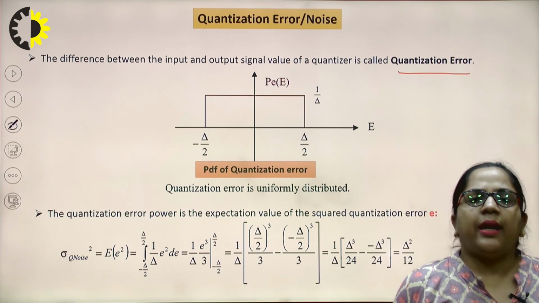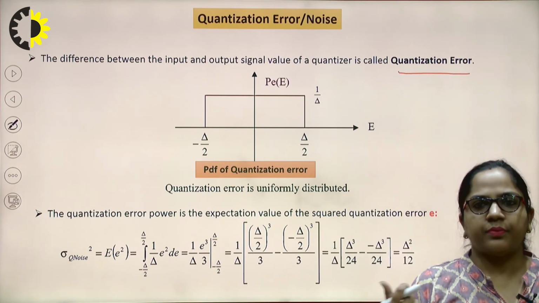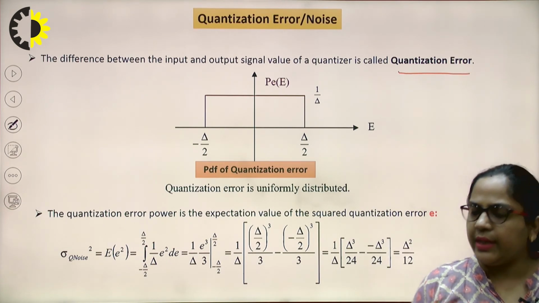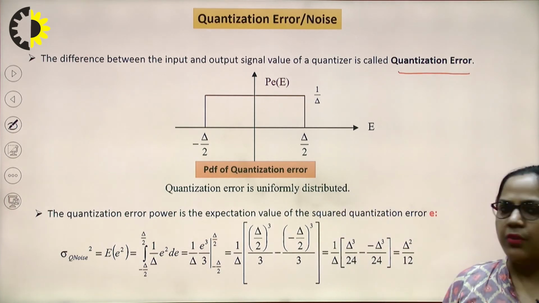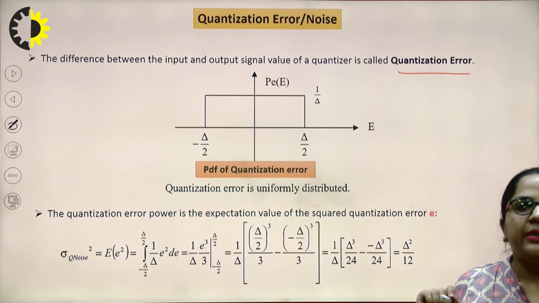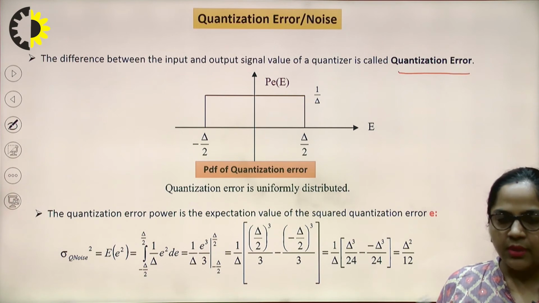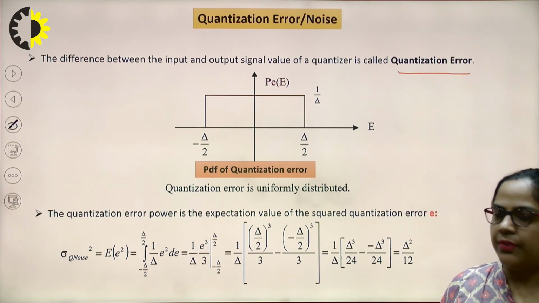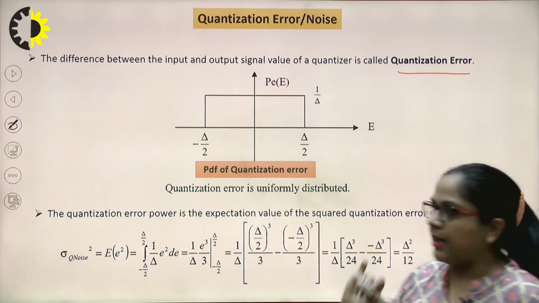It is uniformly distributed, so the PDF of the quantization error can be described with the help of a uniform probability density function, where delta is the step size.